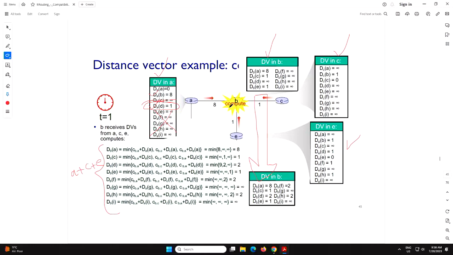If you look at B's table, B doesn't have any entry for D. B doesn't know D. So this is good information, because B knows that if I accept this, then to go to A the cost is 8, and A is saying I can go to D by 1. So one option is to have this entry D here.